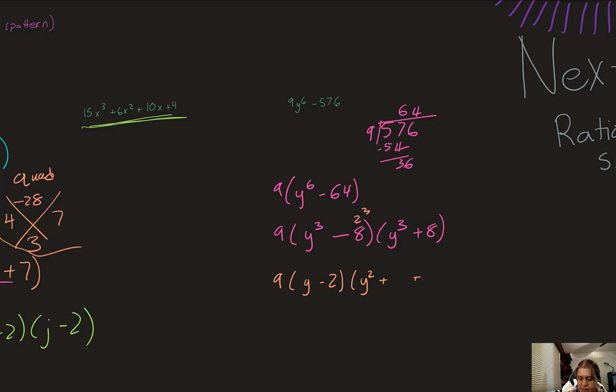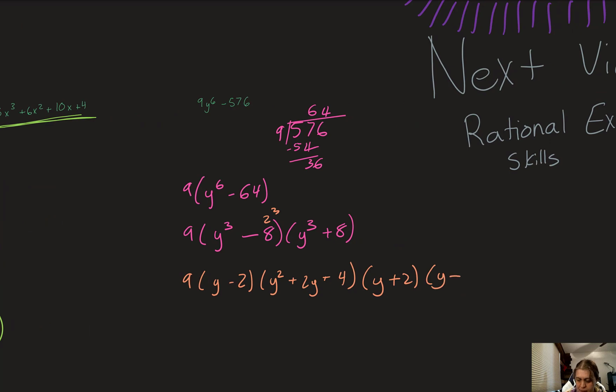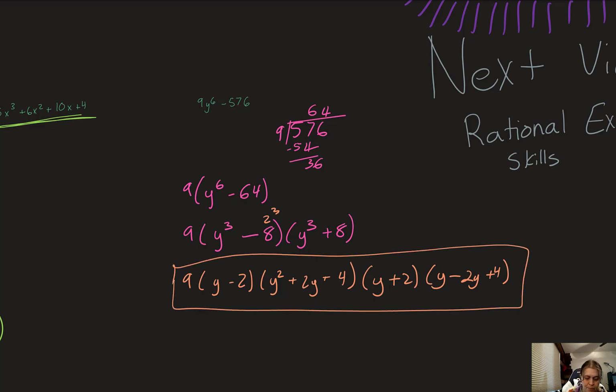Silly me. So y squared plus 2y plus 4, because it's 2 squared. And then we're going to do y plus 2 times y squared minus 2y plus 4. That's so weird. Anyway, there we go.